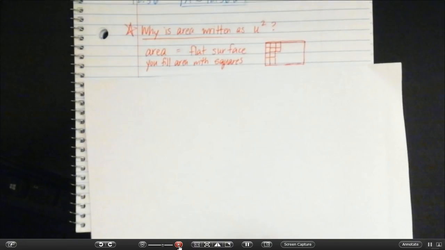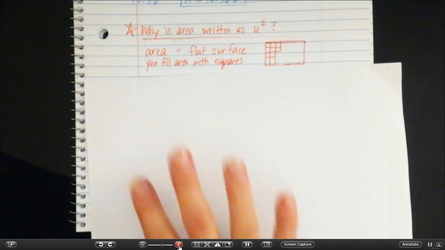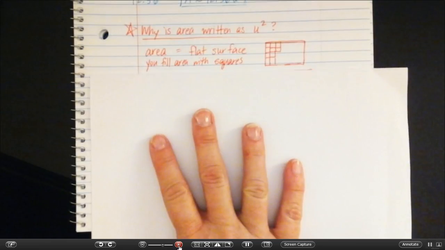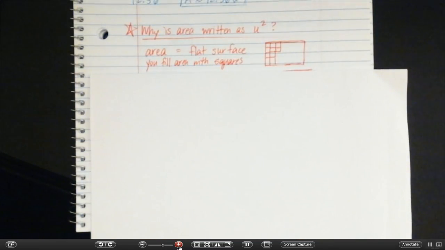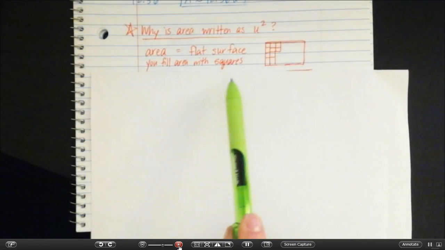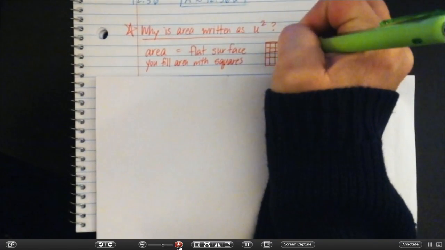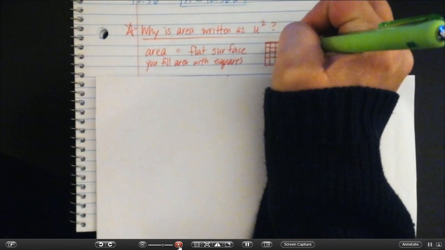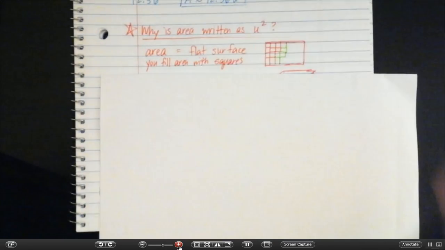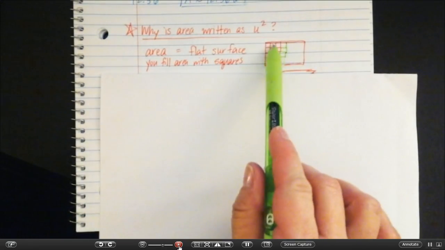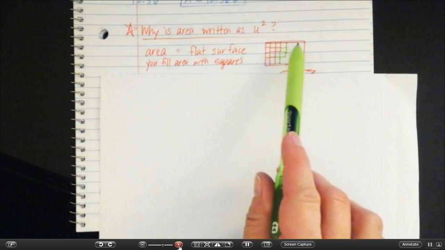Why is area written as units squared, but volume is units cubed? So area is a flat surface, right? So you fill area with squares. They're flat. See, and I'm drawing them in here. Not doing a very good job, but you know, they're squares. They're not cubes, they're squares. So how many squares does it take for me to fill this up?